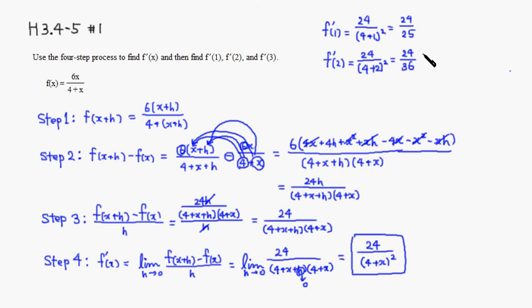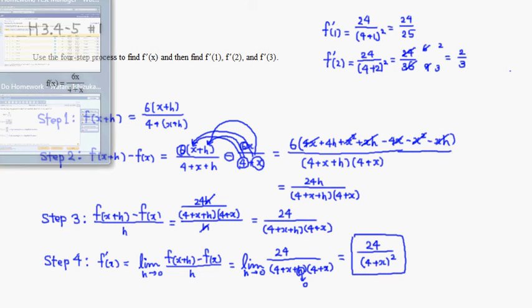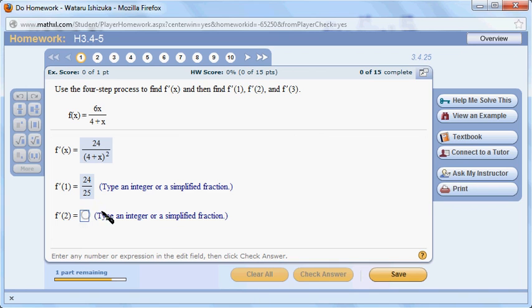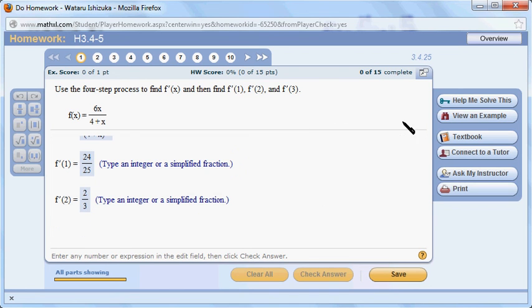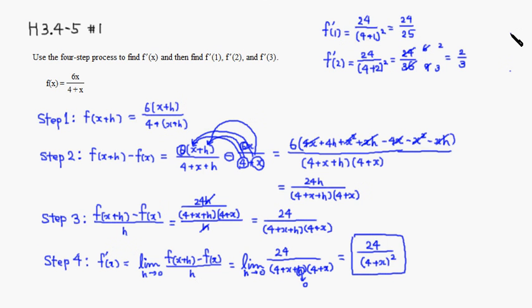Both are multiples of 3, so divide by 3 and you get 2 over 3, the same thing as 2/3. Let's type it in. It's 2/3, check. Got that.